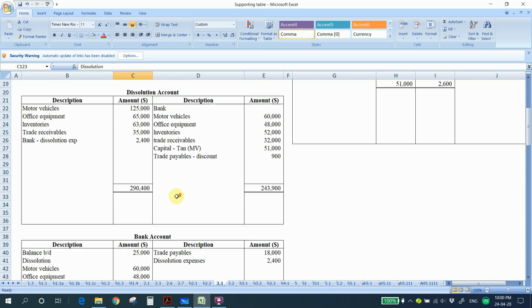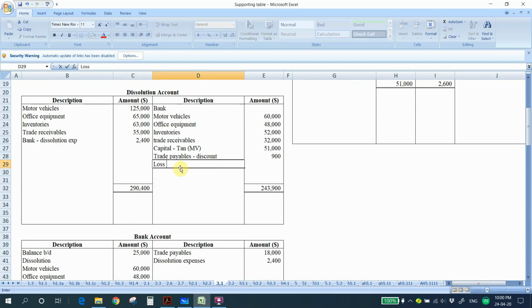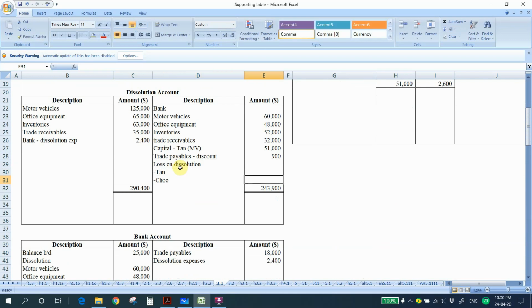So let's indicate here loss on dissolution. So this loss shall be shared to two partners, Tan and Chu. So let's come out with a working to find out how to share the loss on dissolution.